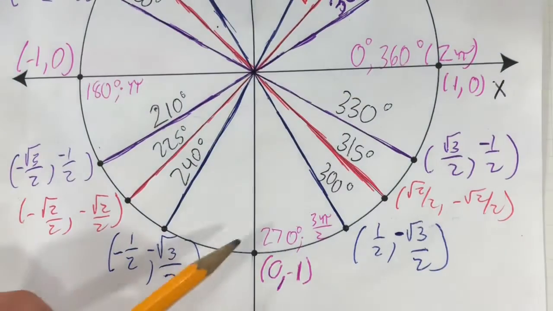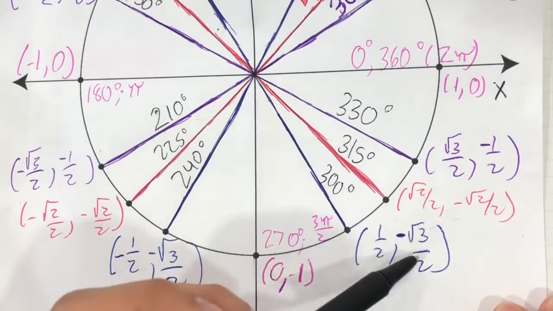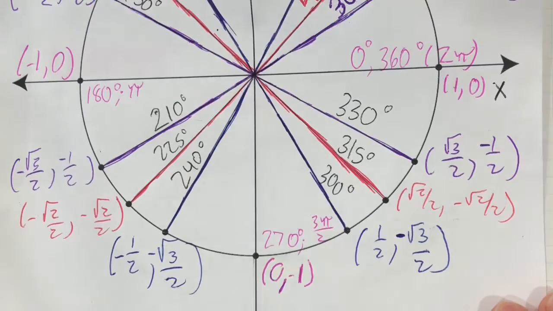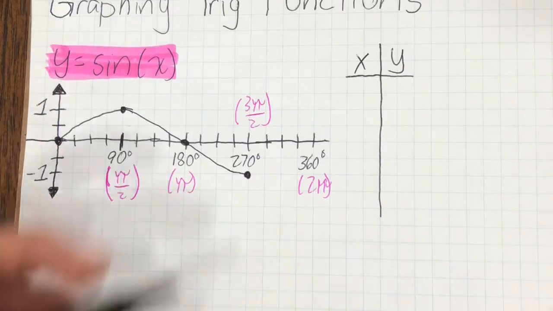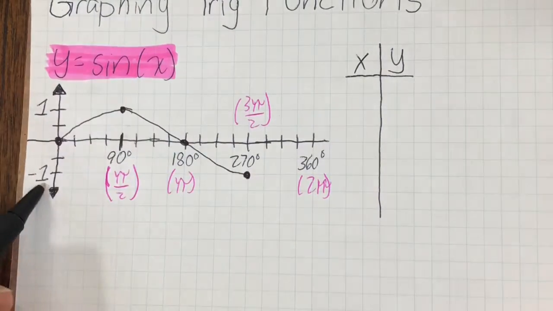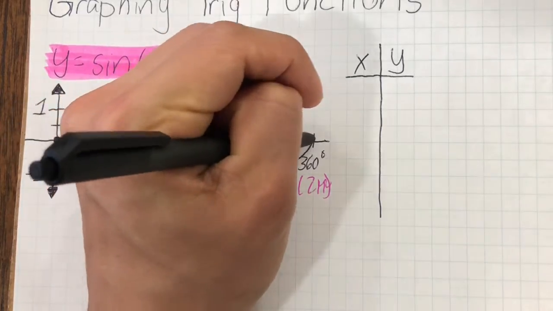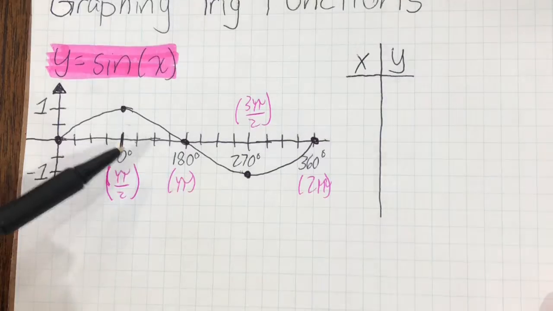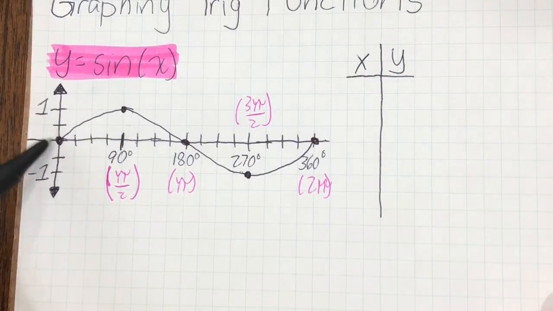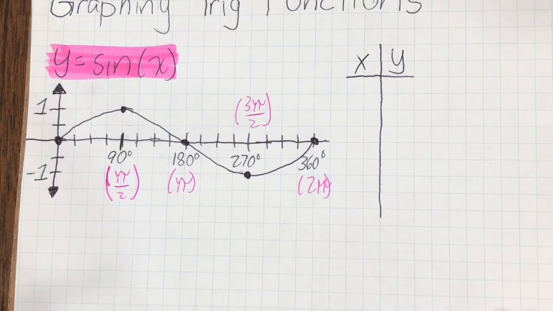So from 270 to 360 degrees, the outputs are increasing. All right. So from 270 to 360 degrees, the graph is going to be increasing from negative 1 to 0. All right. So I'm going to go up.